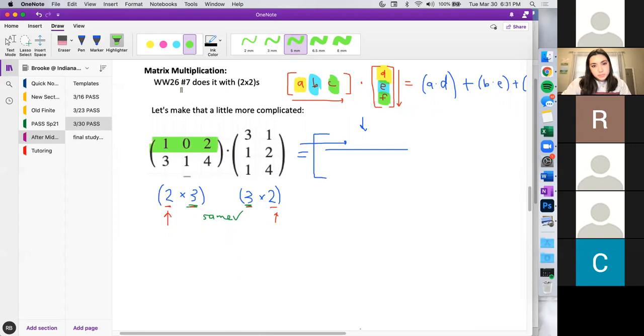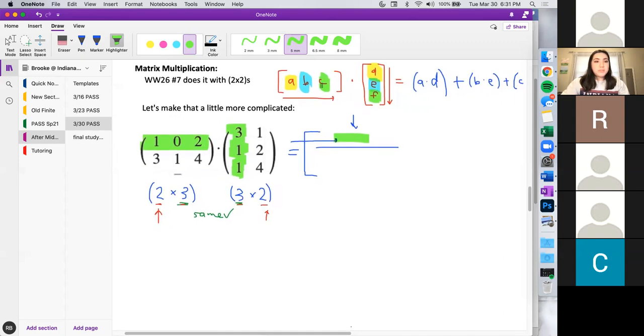So you take the row from the first matrix, and you take the column from the second matrix. So first row, first column. And now you do what we did with the vector, number by number.